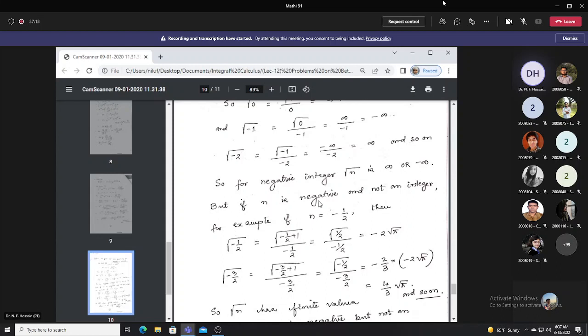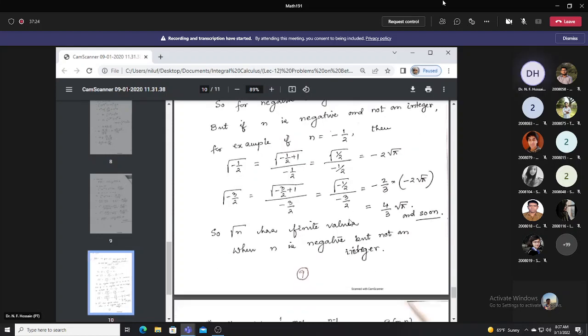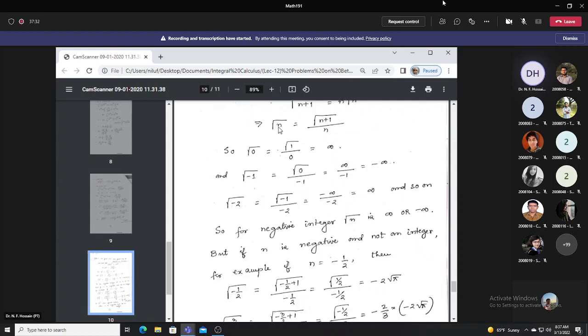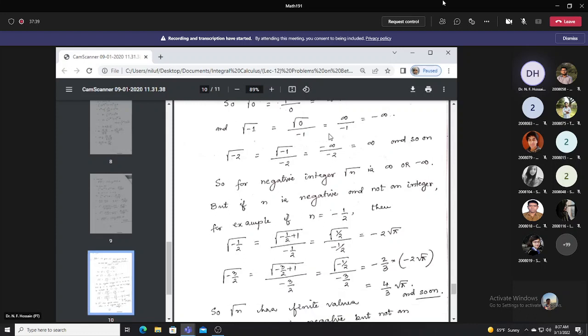If n is negative and not an integer, for example, n equals minus half, you see, these are different. When n equals minus half, what comes? According to this relation, gamma n equals gamma n plus 1 by n. So gamma minus half: just put n equal to minus half.